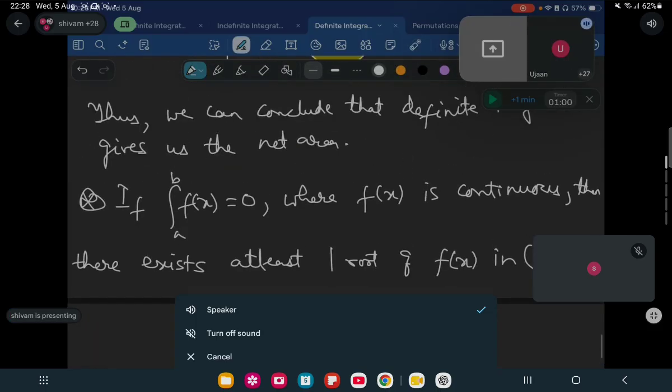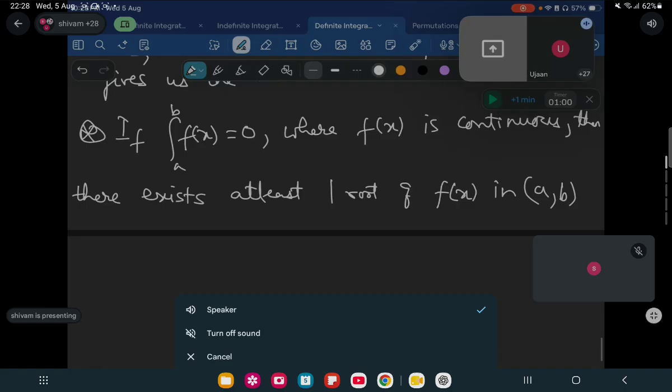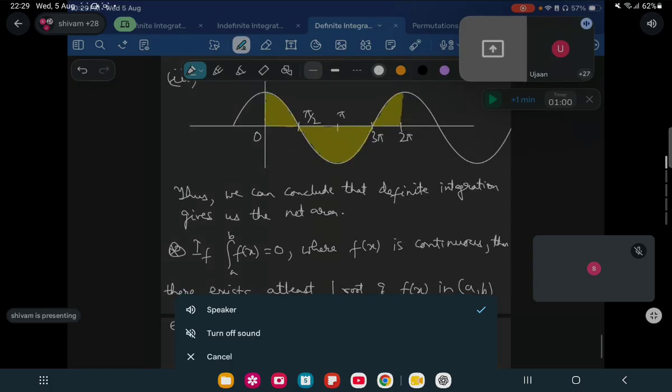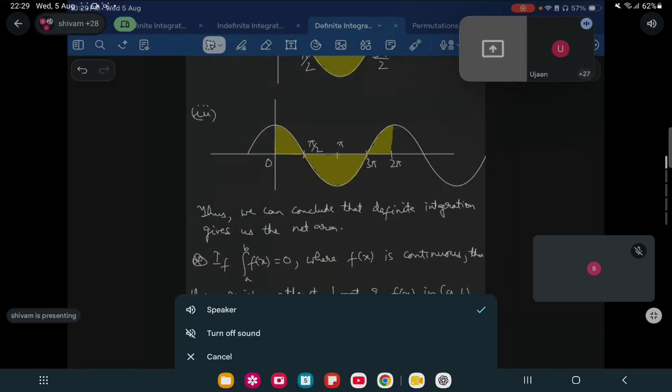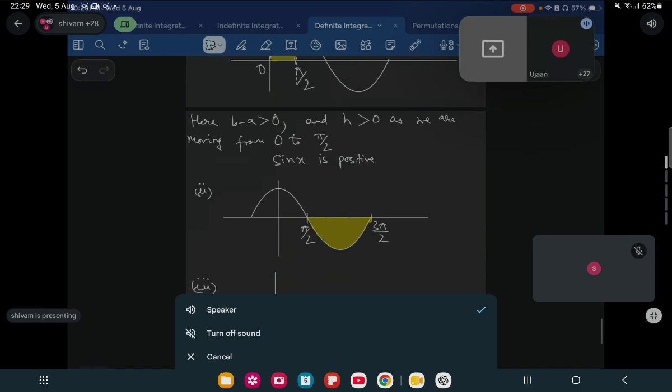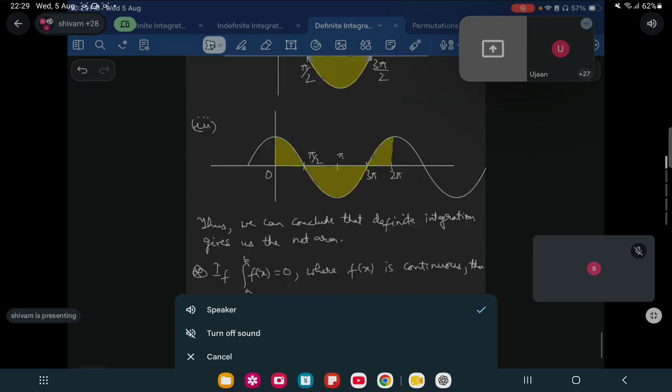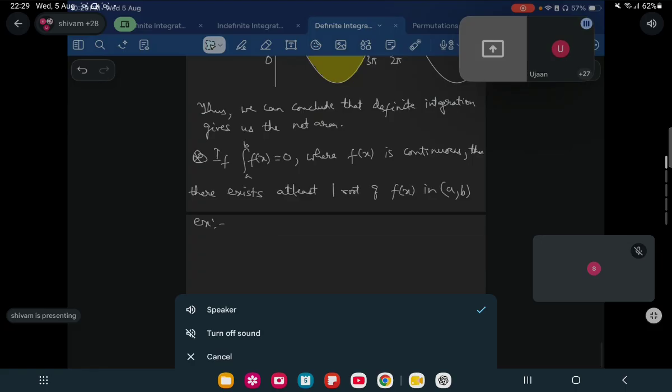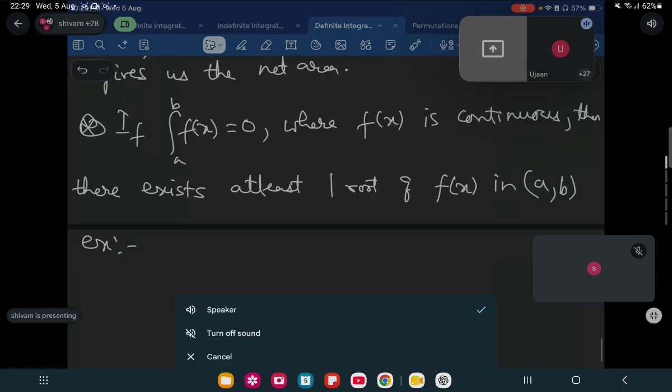Sir, isn't it the same as Rolle's theorem? It is similar to the intermediate value theorem also, similar to the bijection theorem also. If we take f of x equal to capital F dash x, then the integral of f of x is capital F of x, so we can see Rolle's theorem also from there. That means if capital F of a equals capital F of b, then f dash x equals 0 has one root.